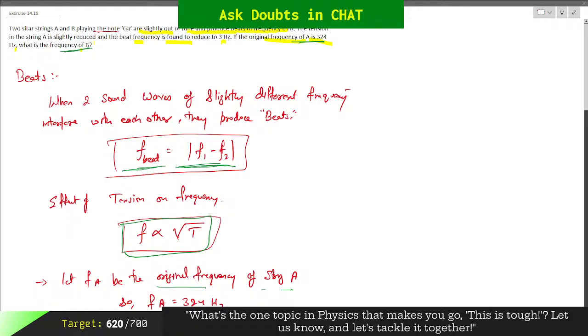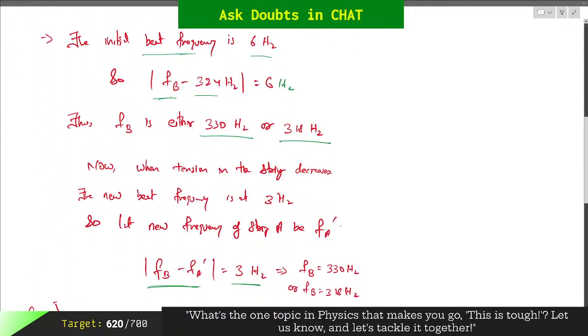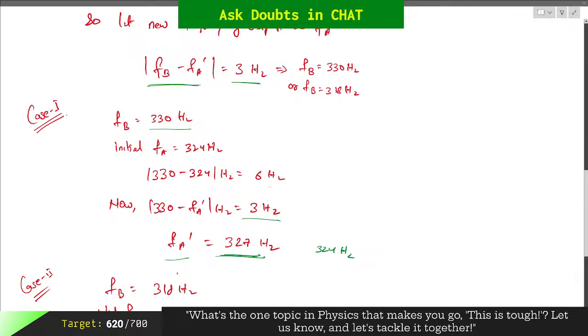In the first case, we have been given that the beat frequency is 6 Hz. So by the definition of beat, we can say that the initial frequency of A is 324 Hz as given.